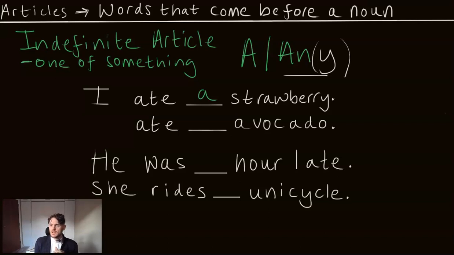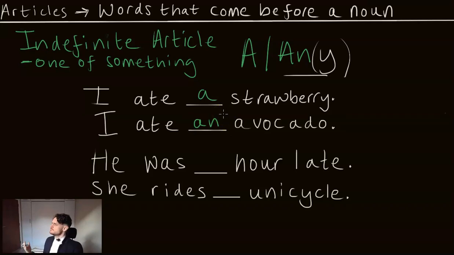Now, what if I did the same and it was an avocado? I'm at the supermarket and I see avocados and I take one and it was any avocado. The avocado wasn't important. It wasn't specific. It was general. What do we say? Well, in this case, we would say, I ate an avocado.